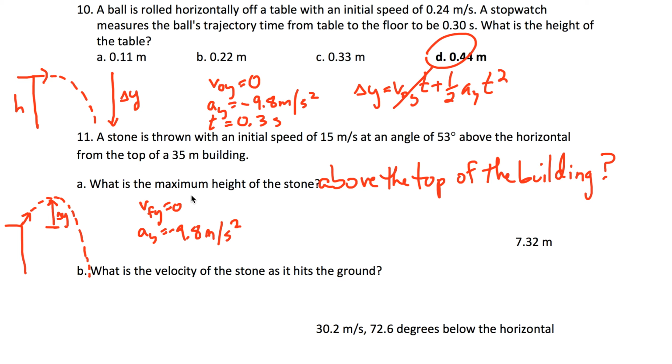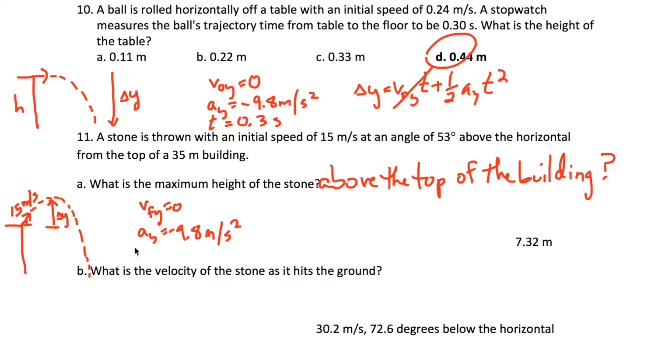And then we need one more. We're given that the initial speed is 15 meters per second at an angle of 53 degrees. So what it's giving us here is that this vector here has a magnitude of 15 meters per second. That's vi. And then the angle here, that little angle right there, is the 53 degrees.